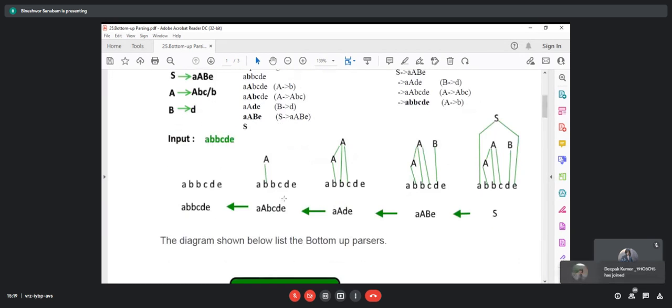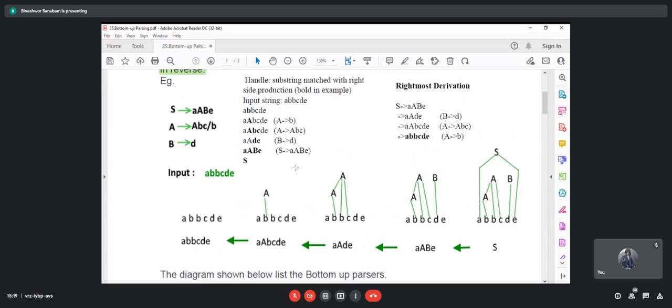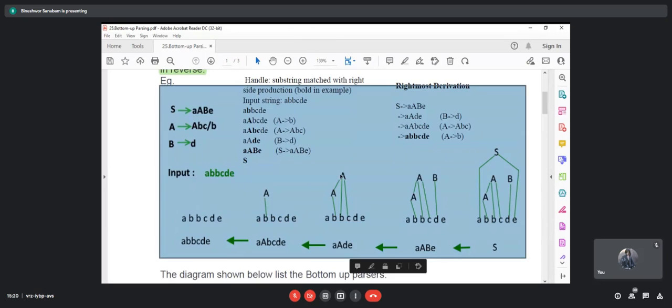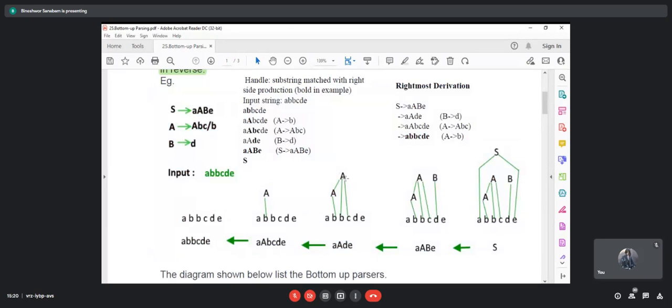And here is a pictorial form of this bottom up parsing. It's a pictorial form of this derivation. First, we replace b with a, then the next one is we take capital A, B, C, D, and we reduce it to A. That's our next step.